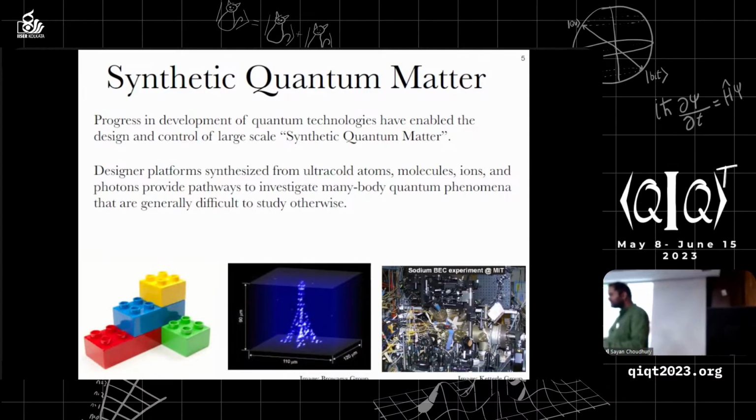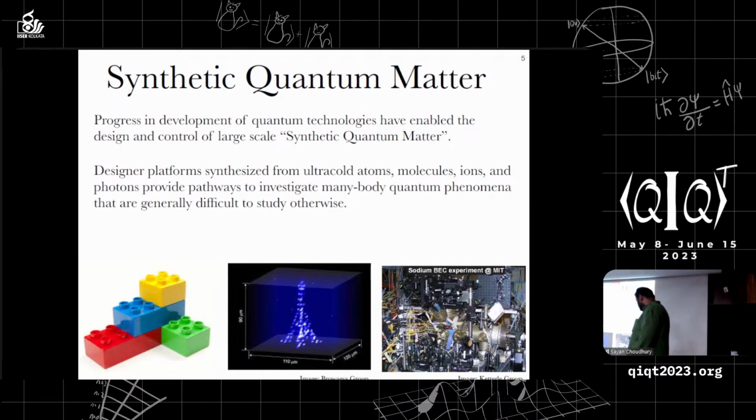But now this field has really progressed forward very fast, and the systems can be thought of as a variant of Legos. Just like we can put together Lego pieces to build a variety of different things, you can do whatever your imagination takes you to. With these kind of designer platforms with cold atoms or molecules or trapped ions, you can build a lot of different things.